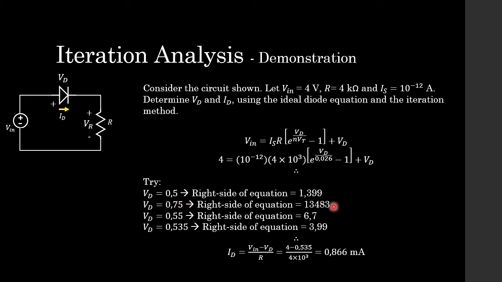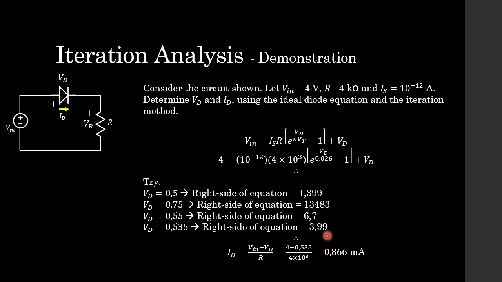So because I got such a big value here, I made a smaller jump for my third iteration of 0.55, and the right side of the equation solved to 6.7 volts. So I'm still greater than 4 volts. So I had to reduce this 0.55. I took it down to 0.535, chucked it in, solved the right side of the equation, and look at that.